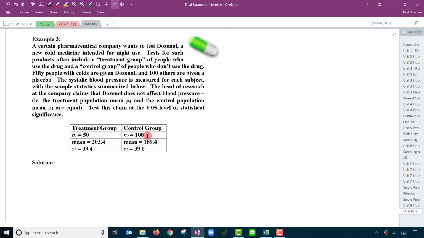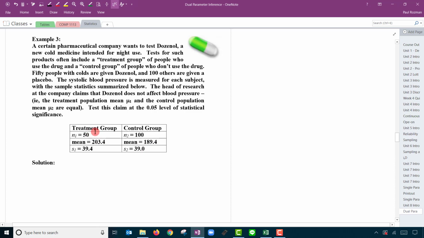In this case, everyone knows that they're in the study, and they all think that they're getting some sort of treatment. So we're giving them this new cold medicine, and we're testing to see if it affects their blood pressure. Ideally, we don't want cold medicine to affect blood pressure, because then it's safer and we can market it to more people. So we're going to check their systolic blood pressure and compare the two groups.